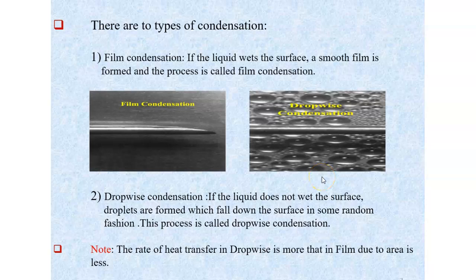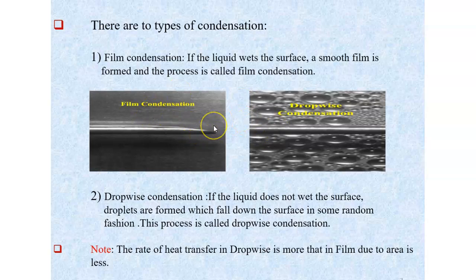Okay, if you compare these two types of condensation, the rate of heat transfer in dropwise is more than in film because the area is larger. If we have a film, you count the area as x times y. But with droplets you cannot count x times y, because you have bubbles over here, so you need to count the area, and the area is much bigger than the film.